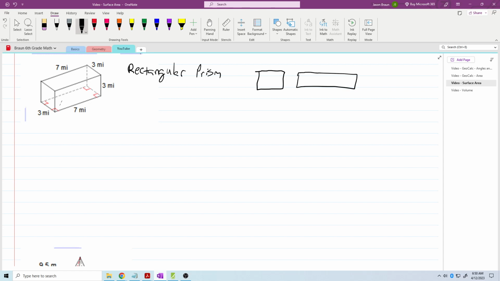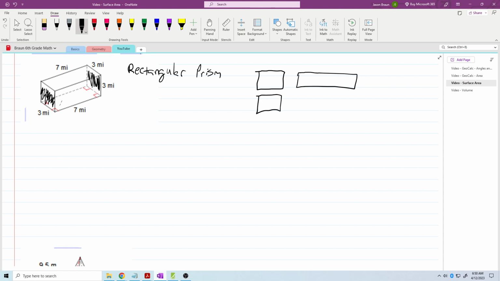Usually, you'll have two different faces. In this case, a square here, which I'll call the face, and a square on the other side. So two faces surrounded by box-like objects, in this case, four different rectangles. Since I'm going to work this problem, I don't necessarily fold it out into its net.